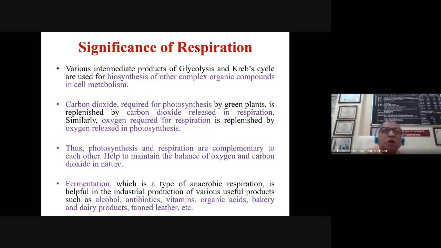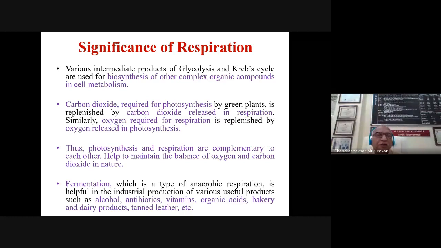Various intermediate products of glycolysis and Krebs cycle, most of these products are organic acids. These are used for the biosynthesis of other complex organic compounds in the cell metabolism. Ultimately, the carbon dioxide required for the photosynthesis by the green plants is replenished by the carbon dioxide released during the respiration.